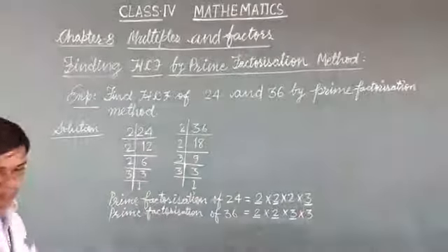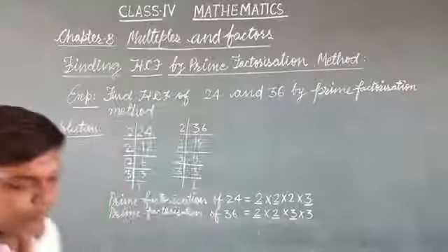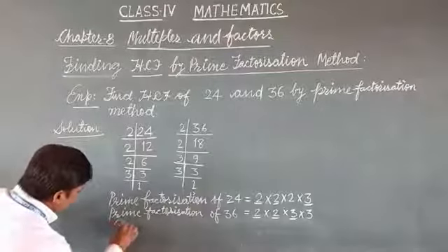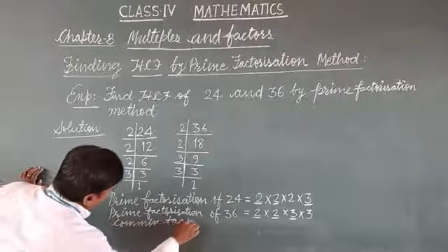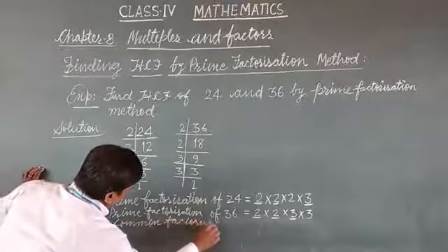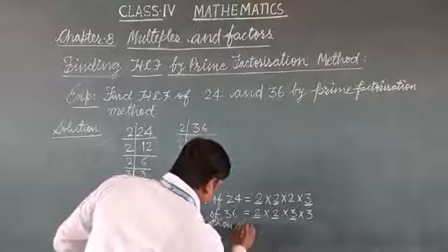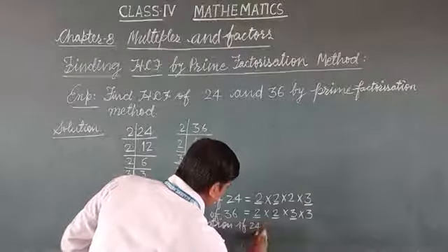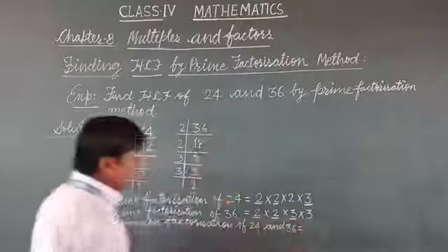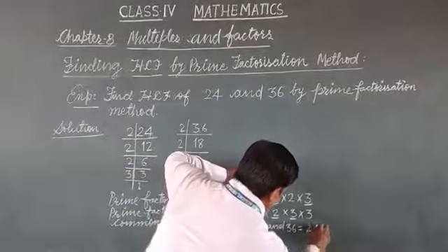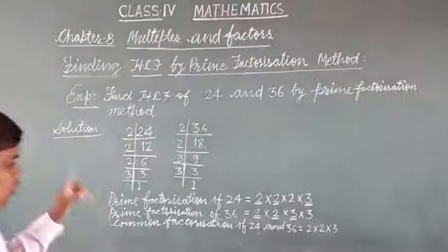So we write common factorization of 24 and 36 is equal to 2 into 2 into 3.